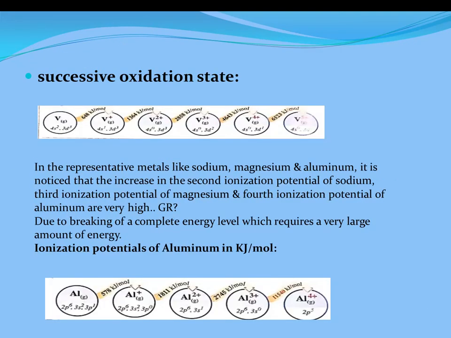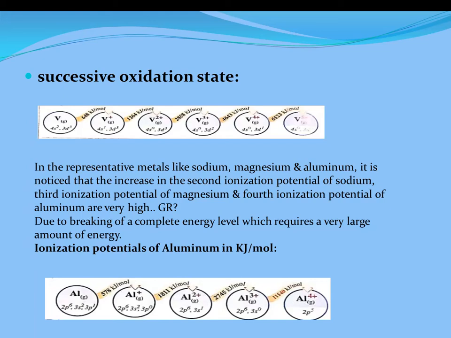What about the successive oxidation states? For example, vanadium, which has the electronic configuration 4s2 3d3, needs 648 kilojoule per mole to oxidize vanadium to positive 1. Vanadium positive 1 needs 1364 kilojoule per mole to oxidize to positive 2.